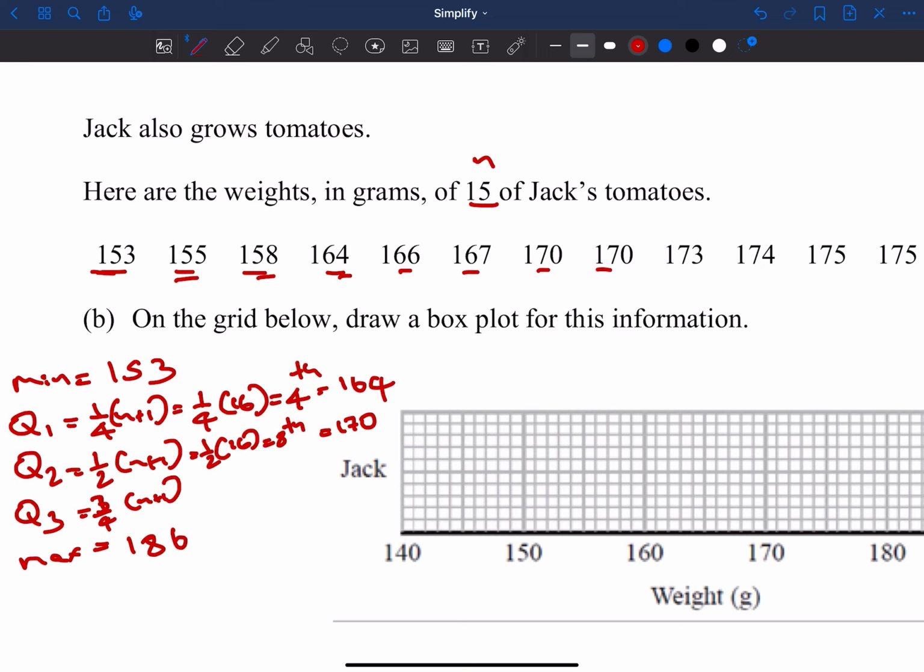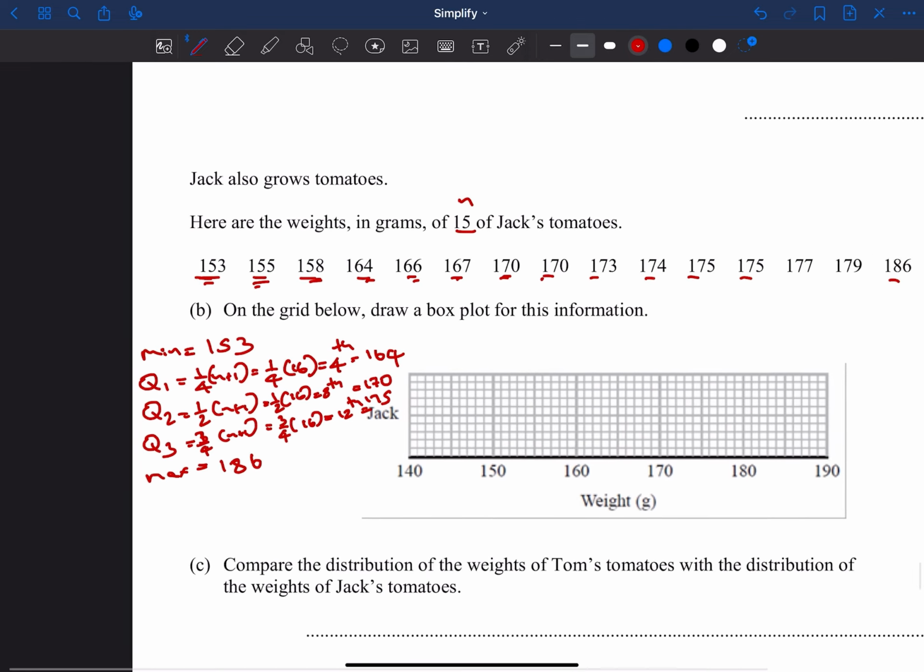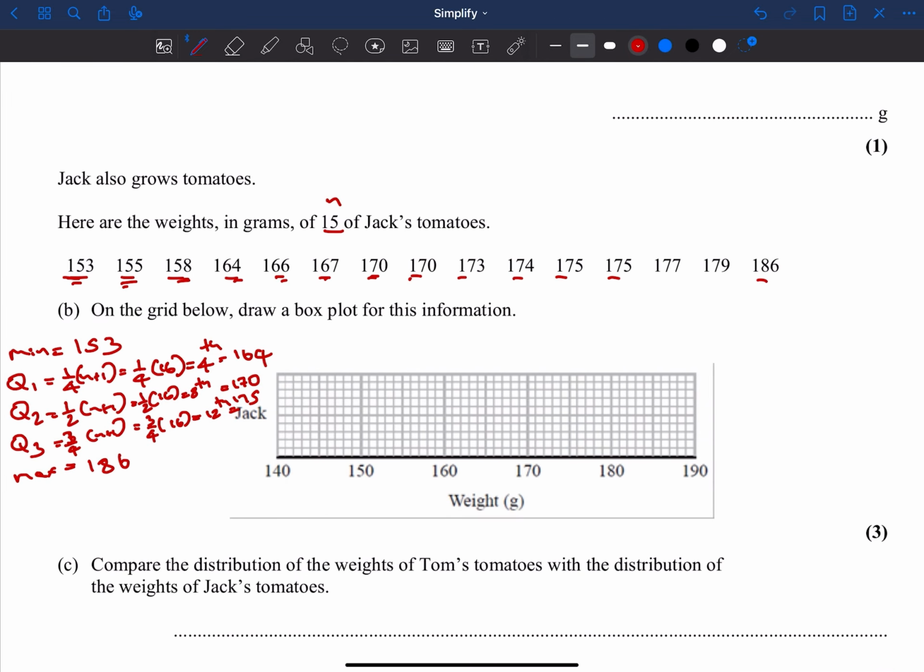If it was an even number, then you would go with n, okay, rather than n plus 1. Okay, good. So 3/4 of 16 makes it the 12th value. 1, 2, 3, 4, 5, 6, 7, 8, 9, 10, 11, 12. Okay, 175. I'm just writing it like that. Remember, you don't get marked on these, what you're writing. You won't be able to draw it properly.